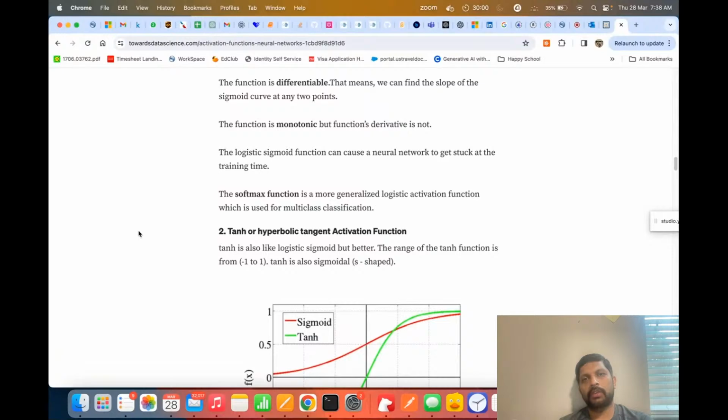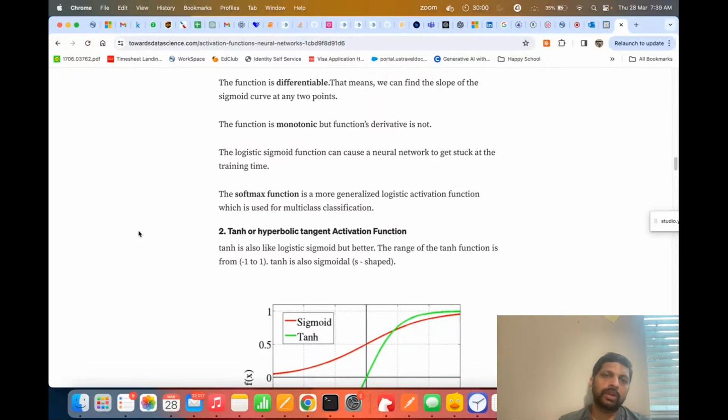The softmax function is a more generalized logistic activation.